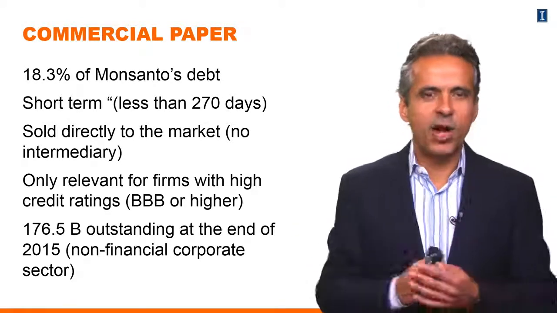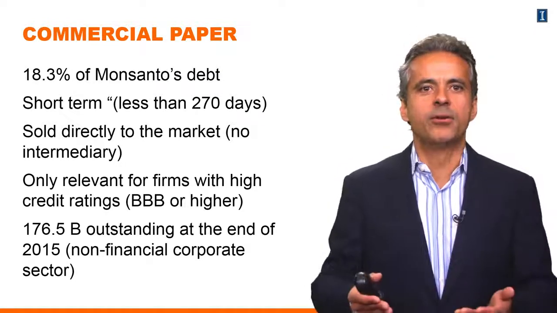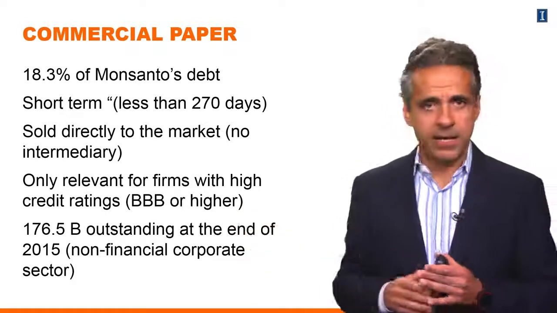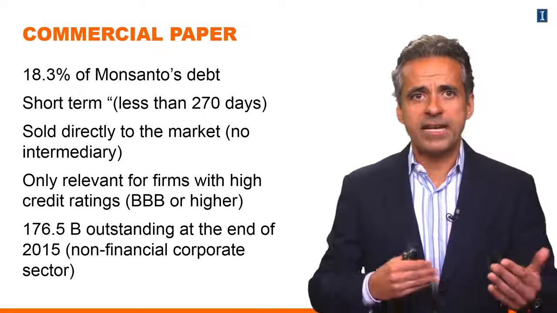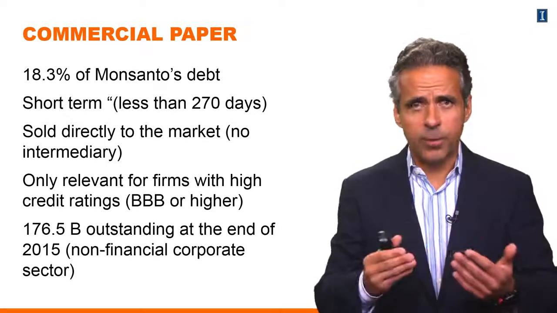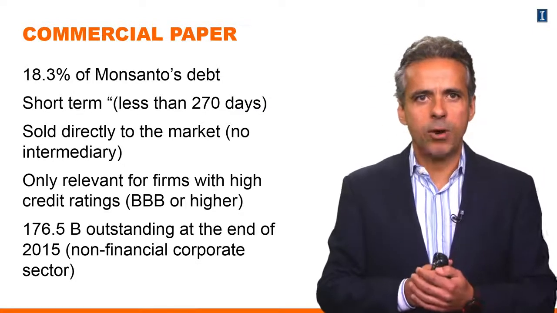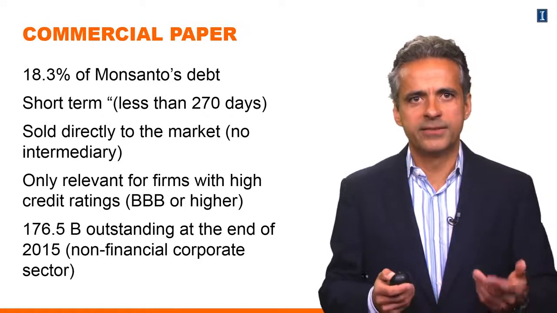That might seem like a lot, but you'll see that it's a small market compared to bonds and bank loans. Let me also say that if you had obtained this data for financial companies, you would see larger numbers. Financial companies like banks and insurance companies rely more on commercial paper, but non-financial companies do not rely so much on this specific market.